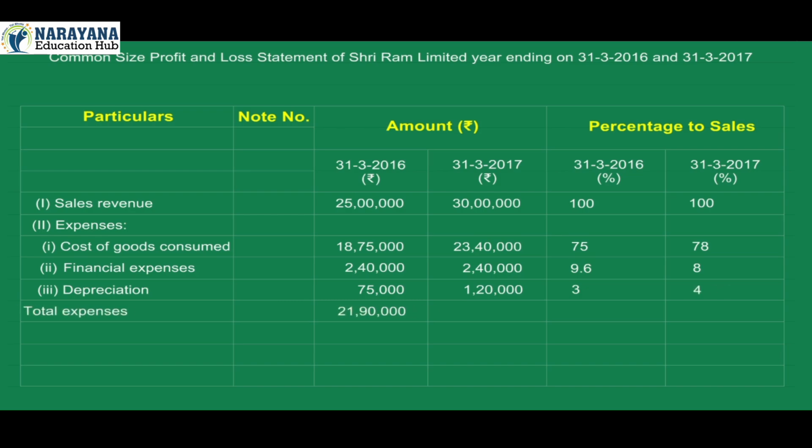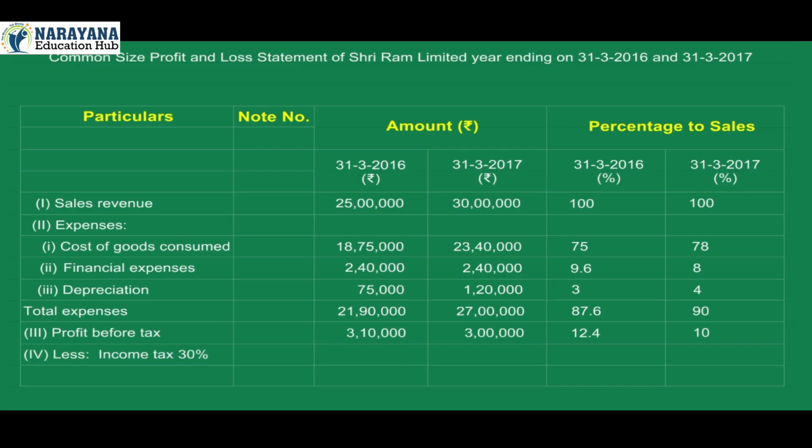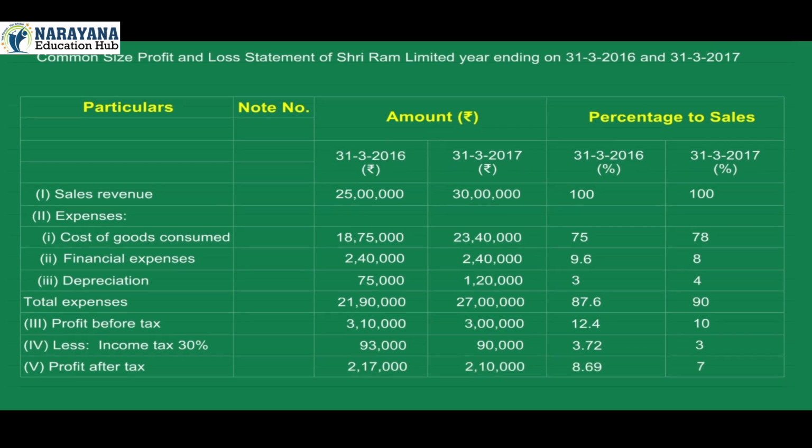Total expenses, 21 lakh 90,000, 27 lakh, 87.6%, 90%. 3. Profit before tax, 3 lakh 10,000, 3 lakh, 12.4%, 10%. 4. Less income tax 30%, 93,000, 90,000, 3.72%, 3%. 5. Profit after tax, 2 lakh 17,000, 2 lakh 10,000, 8.69%, 7%.